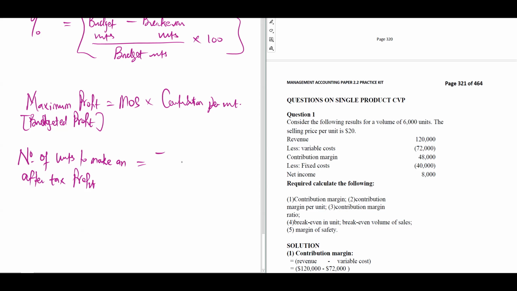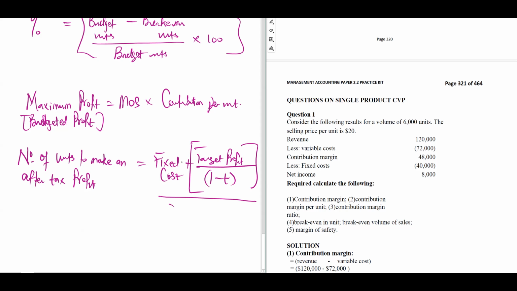All you have to do is take your fixed cost plus the target profit you expect to make, and divide it by 1 minus the tax rate. So this one is just the target profit over 1 minus the tax rate, all over our contribution per unit.